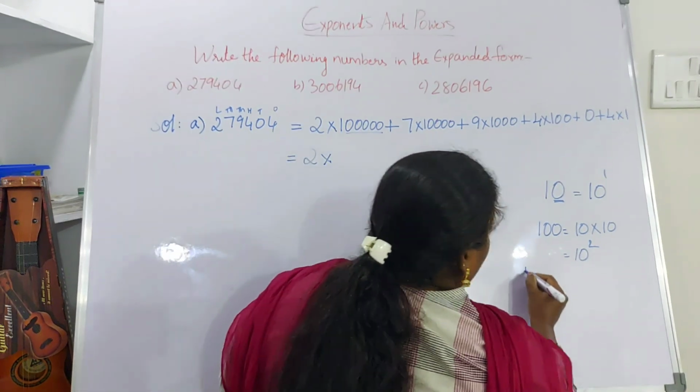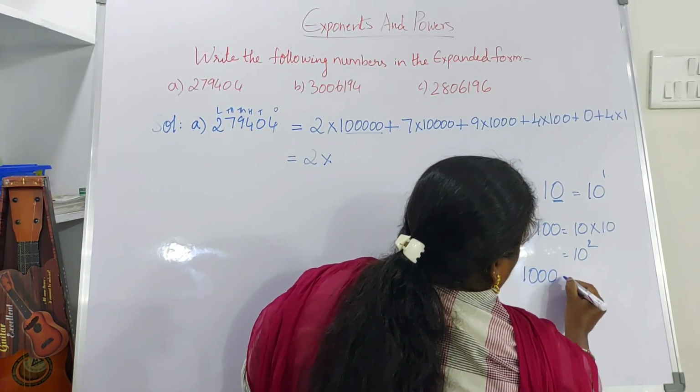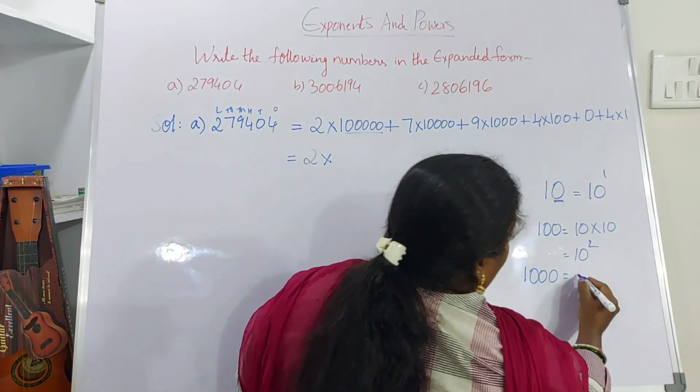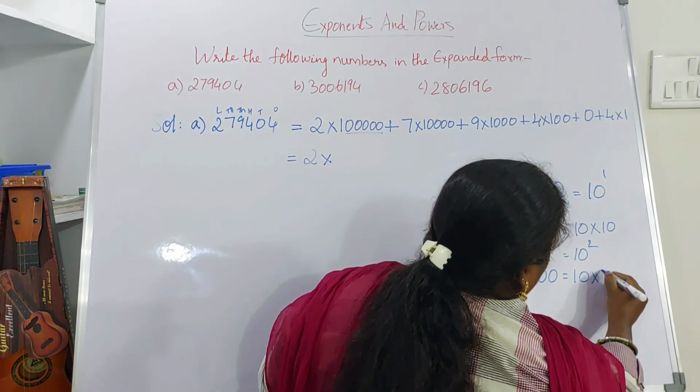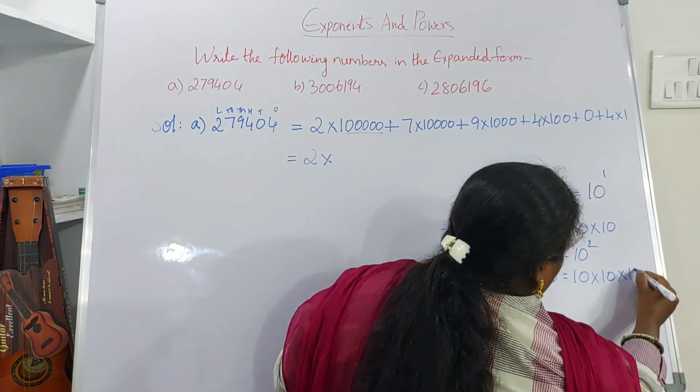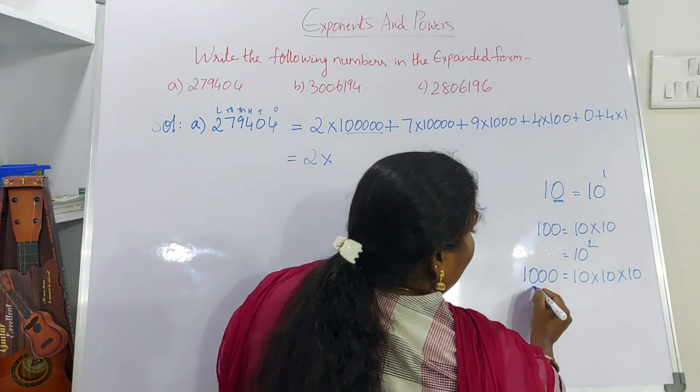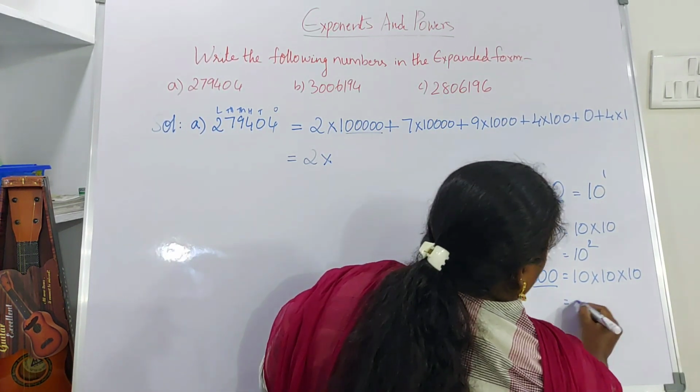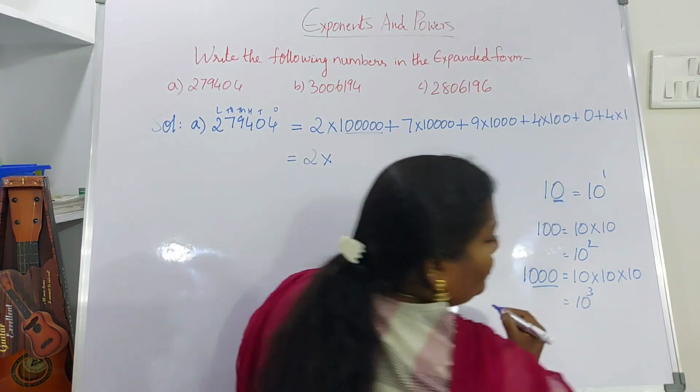In the same way, 1000 is obtained by multiplying 10 into 10 into 10. So 1 followed by 3 zeros, you can simply write 10 to the power of 3.